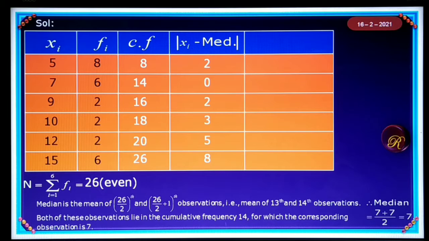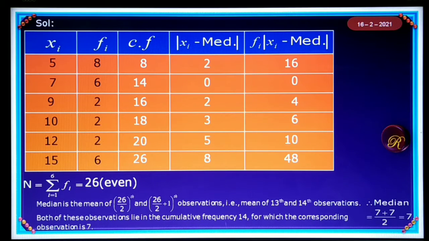Next column is for fi into absolute values of xi minus median. 8 into 2 is 16. 6 into 0 is 0. 2 into 2 is 4. 2 into 3 is 6. 2 into 5 is 10. 6 into 8 is 48.